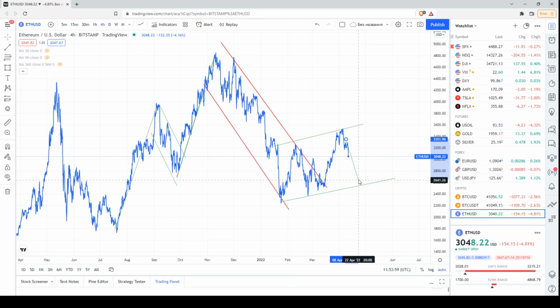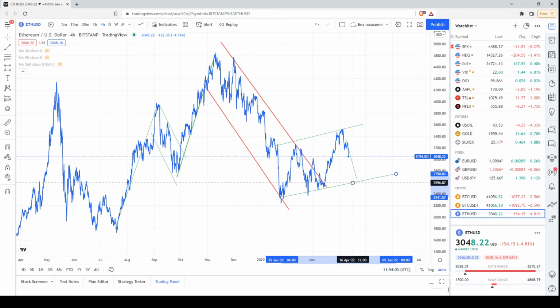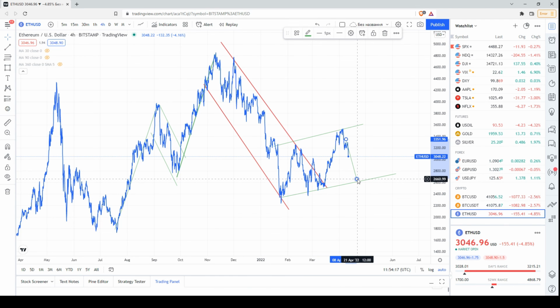So that's why I will keep an eye on the price chart if it hits or approaches somehow the lower line of this channel. But at the moment we still have this potentially bullish scenario, because we have a sequence of higher highs and higher lows. Let's see if the next low will remain above the previous one.